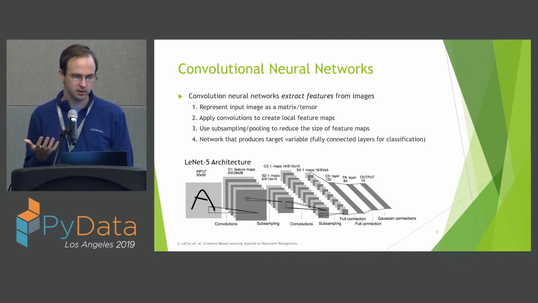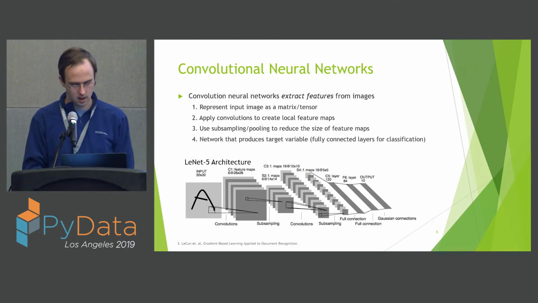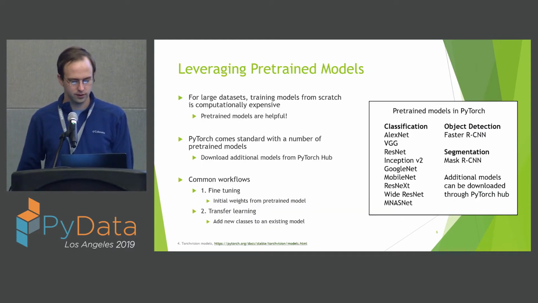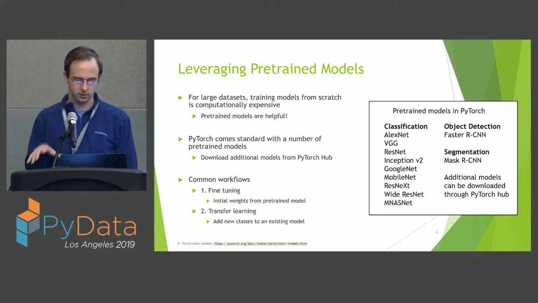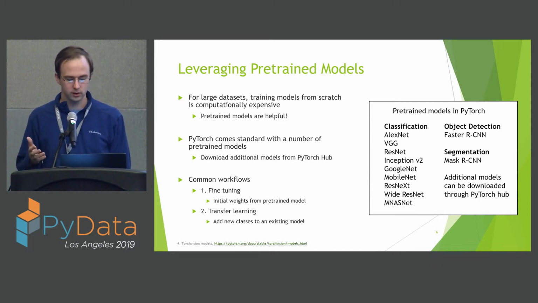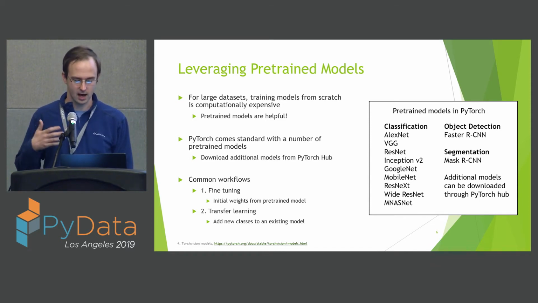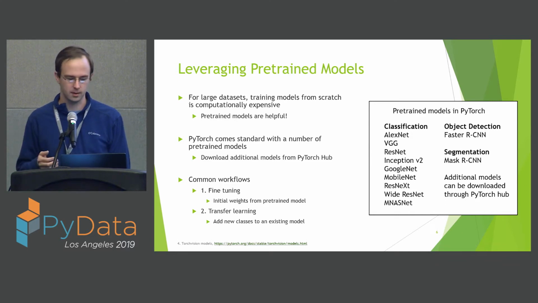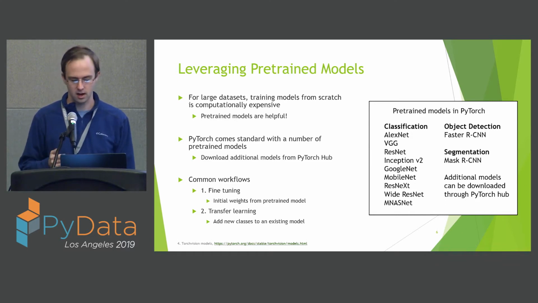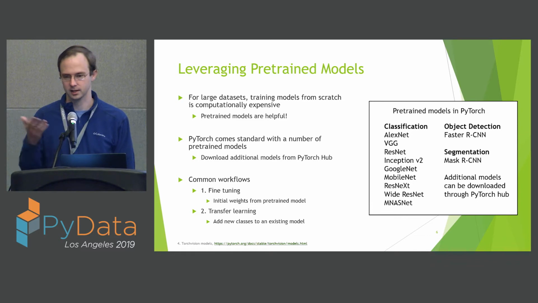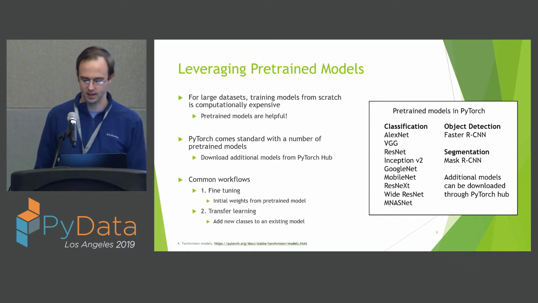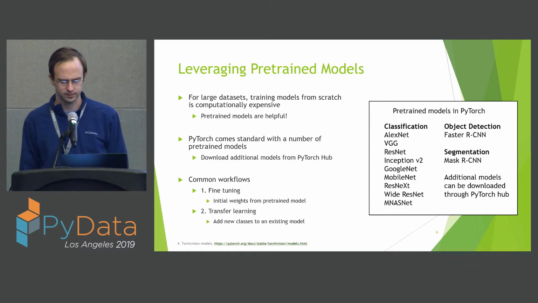And the feature extraction process tends to transfer well between tasks. So it's common in computer vision to start with a pre-trained model either for initial weights, or you can even freeze the weights and then add additional classes to a model. So a model is trained to detect dogs. You could train it to detect cats if you have a data set of cat images, that sort of thing.